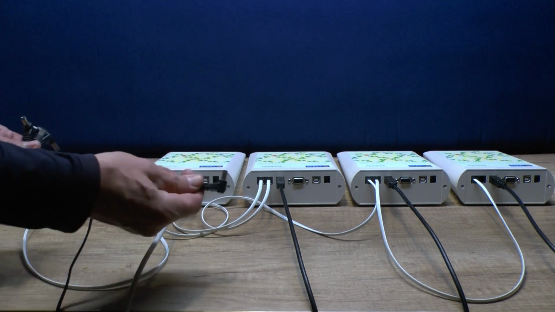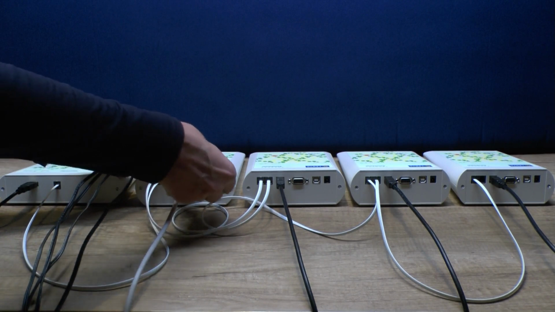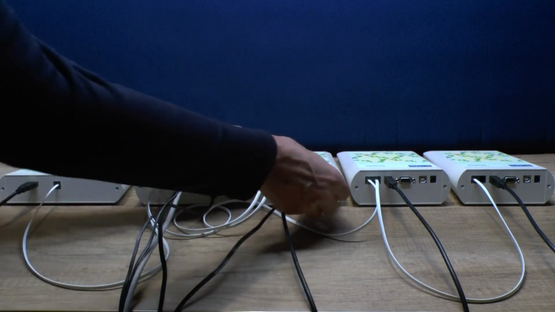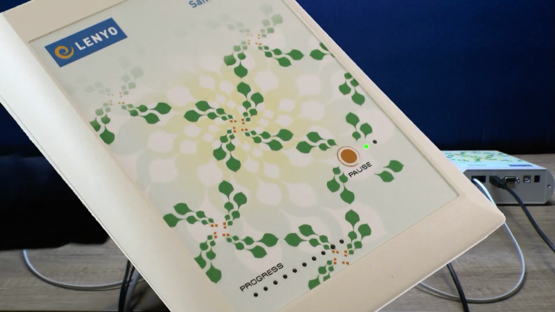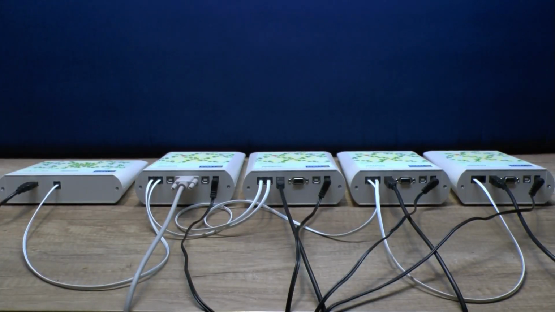Plug the 4 cables to the signal generator units. There is no power button on the units, you don't need to turn them on and off. When a unit is on, a green LED illuminates. Now you are ready to use your Lenio Sono Center set.